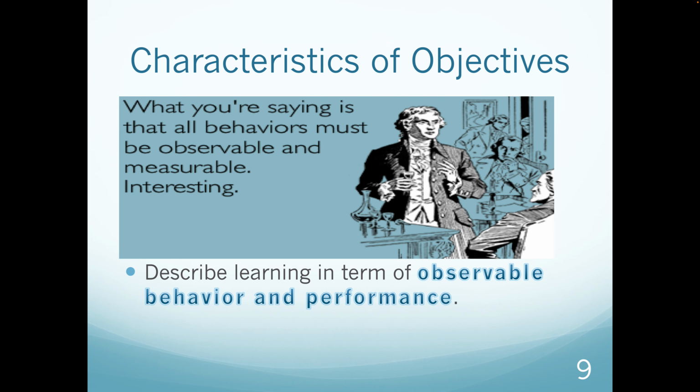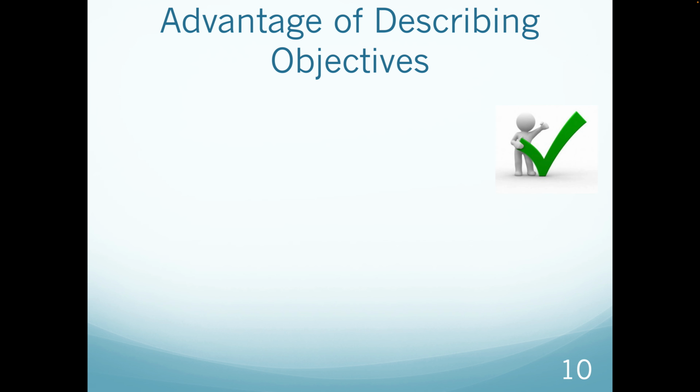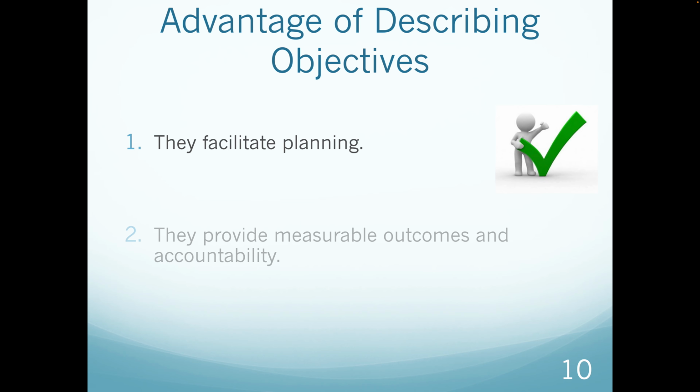This says that all behaviors must be observable and measurable. Interesting. Yes, that's exactly what we are saying here, that our objectives have to be observable. And what are the benefits or advantages of describing our objectives for a course? Well, they will facilitate our planning of the course.